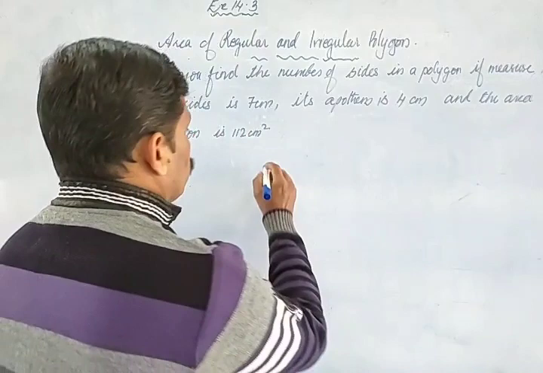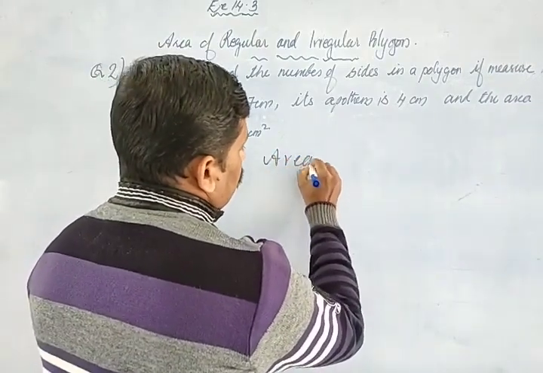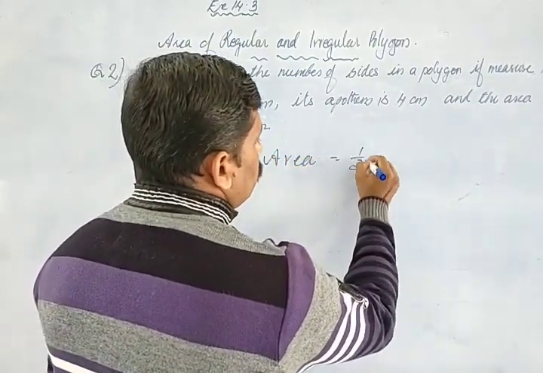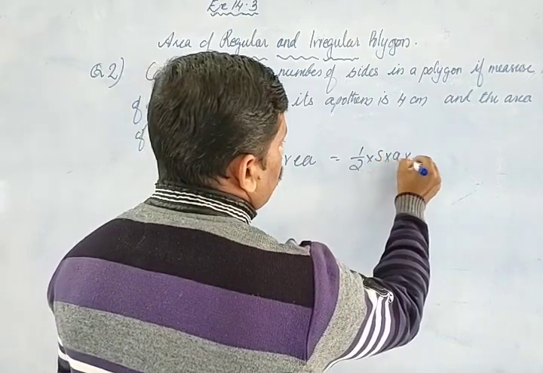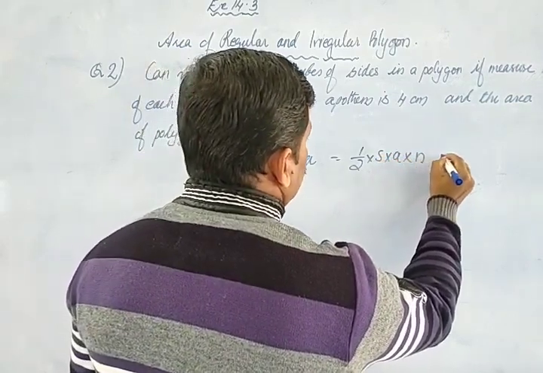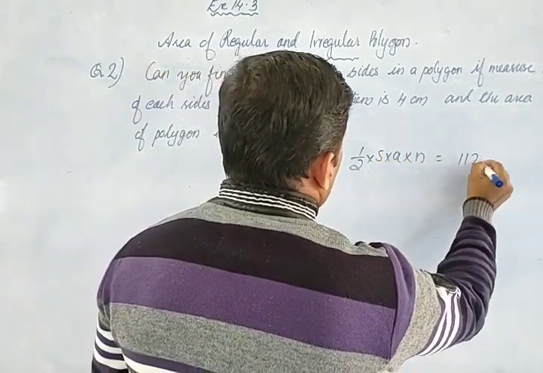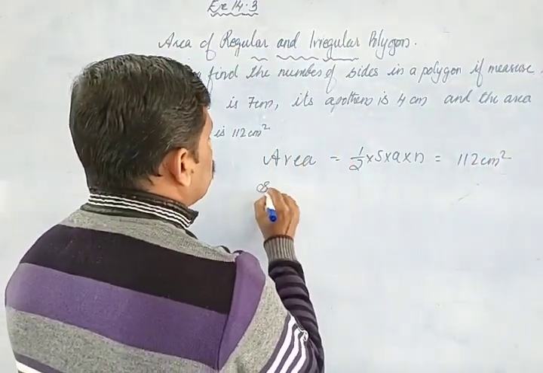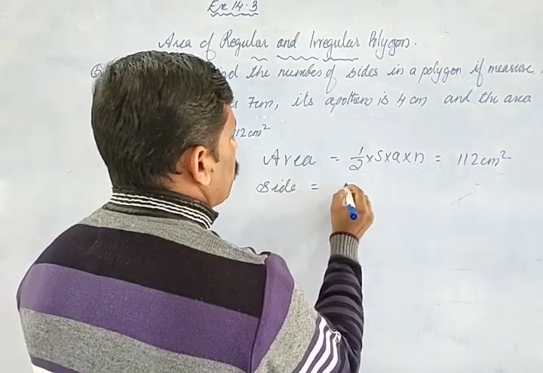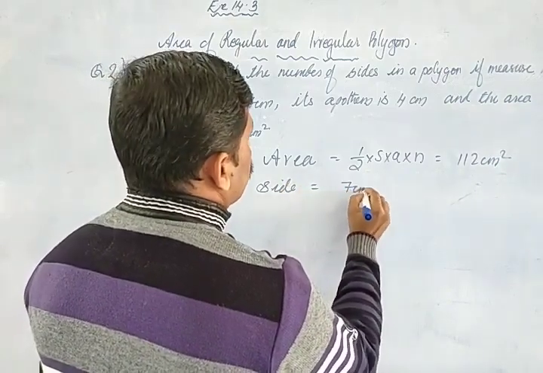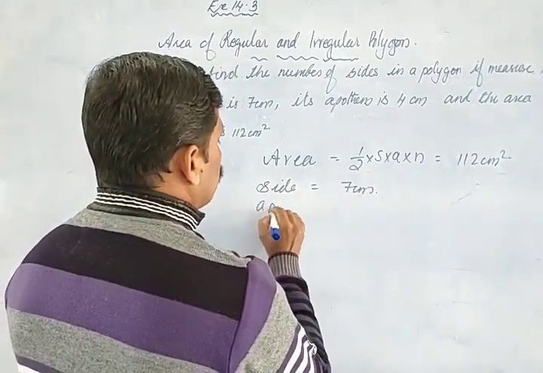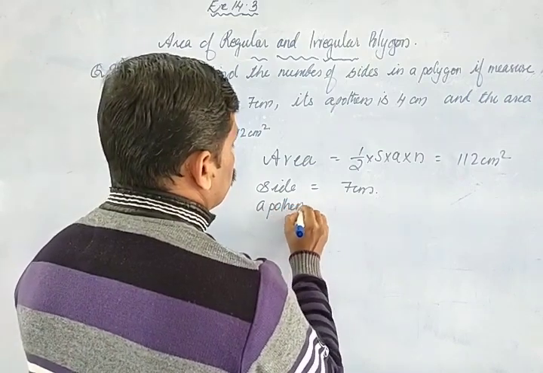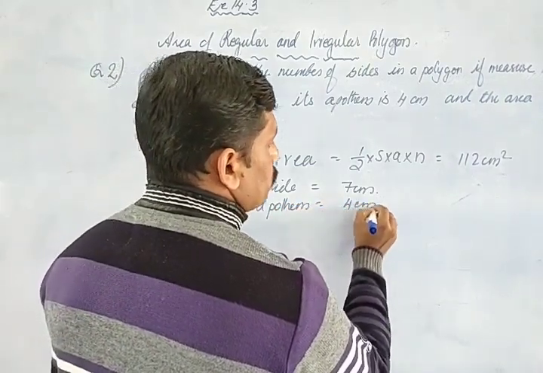So the formula is area is equal to half into side into apothem into number of sides. That is given as 112 cm square. And here side is equal to 7 cm and apothem is equal to 4 cm.